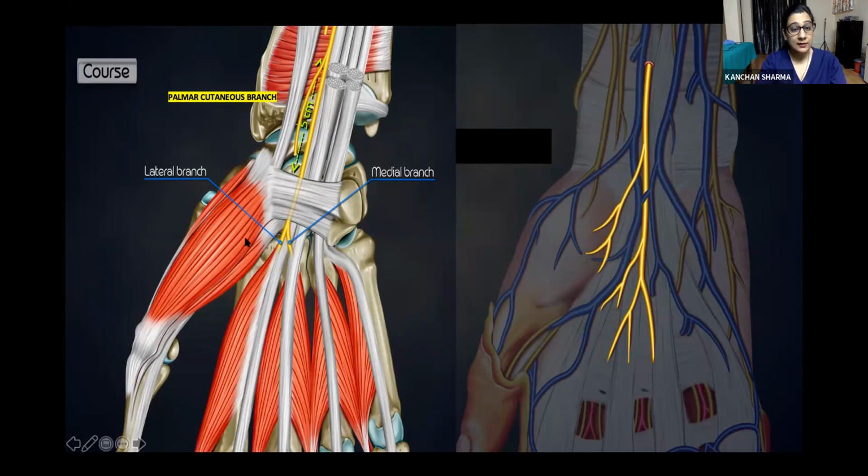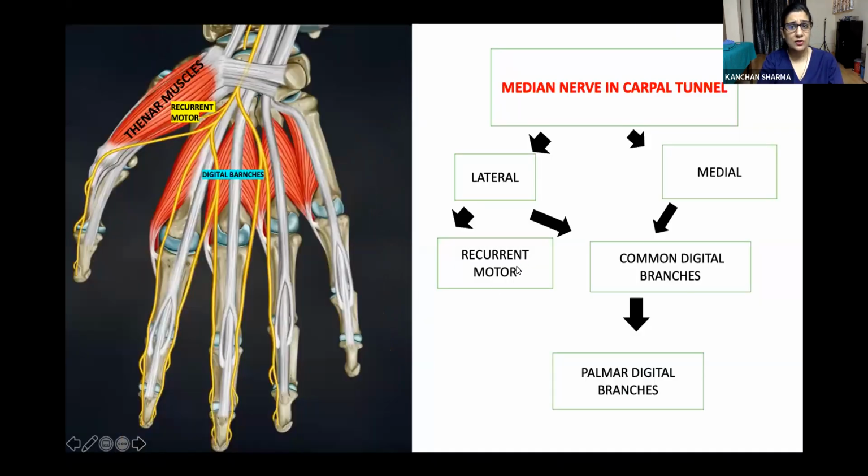Now, once this nerve enters the carpal tunnel, it divides into two branches. One is your recurrent motor branch that is responsible for supplying the thenar muscles, and then it supplies the sensory aspect to the 3.5 digits. So this is what you need to remember. Suppose a person has got any problem with the median nerve at the wrist. What are you going to look for?